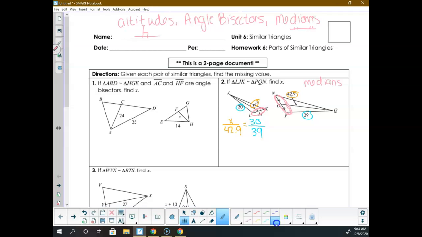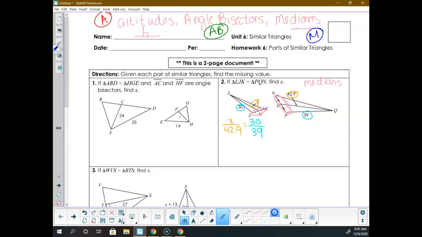Would it help if we went through and kind of labeled them? Like with which one you should use? Probably. Okay, so we'll use A for altitudes. We'll use AB for angle bisectors, and then we'll use M for medians. Okay.